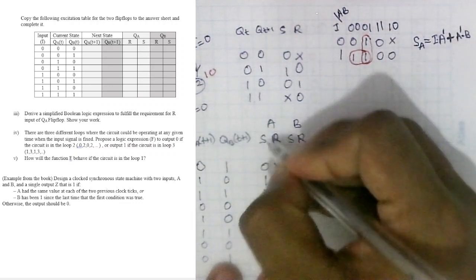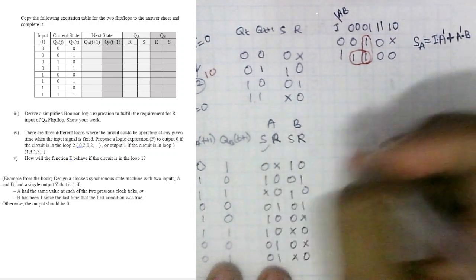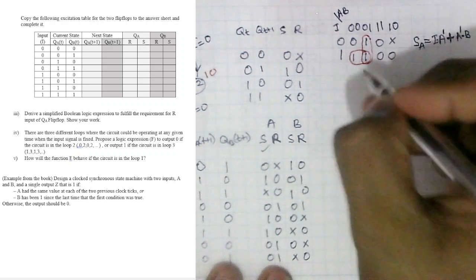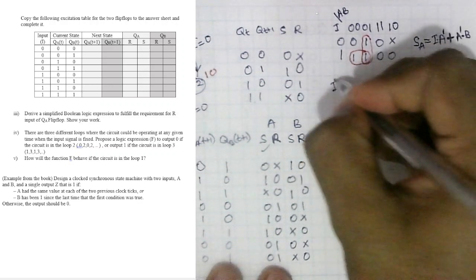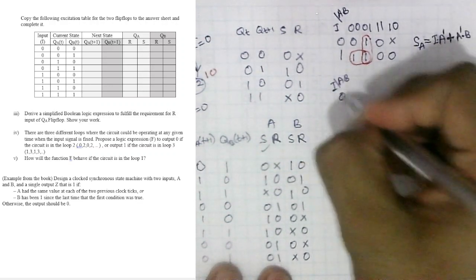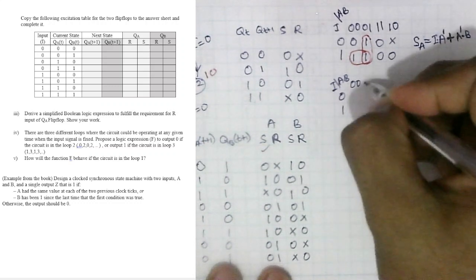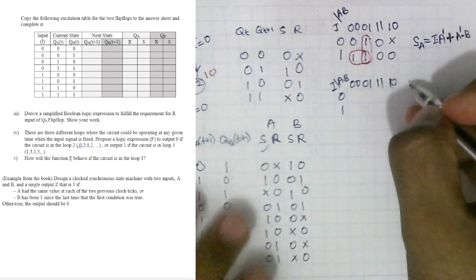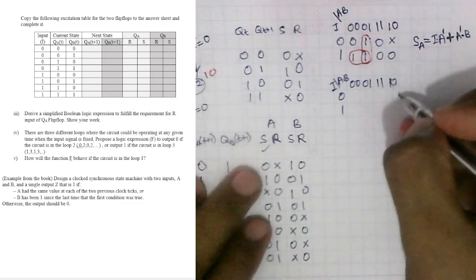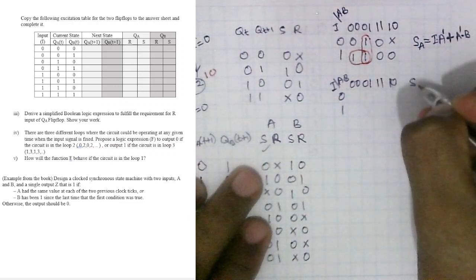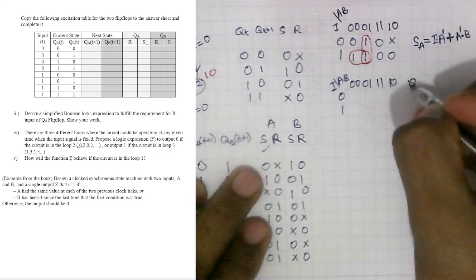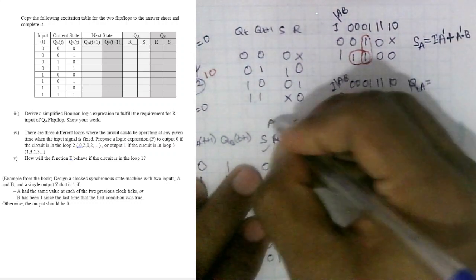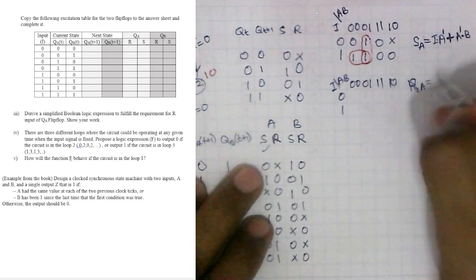It's the same way. Now we completed this one. Then R, right? So I A B, 0 1 0 0 0 1 1 1 1 0. Okay, so I'm going to copy this one, it is going to be RA, the R signal of the A flip-flop.